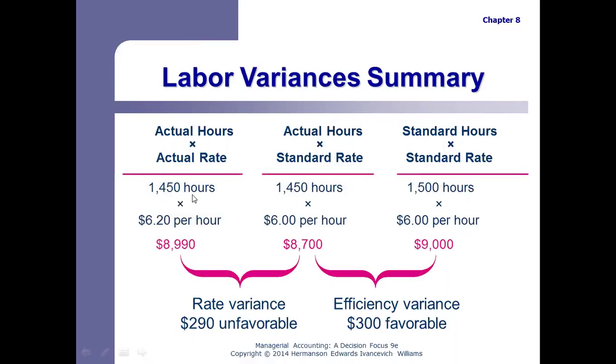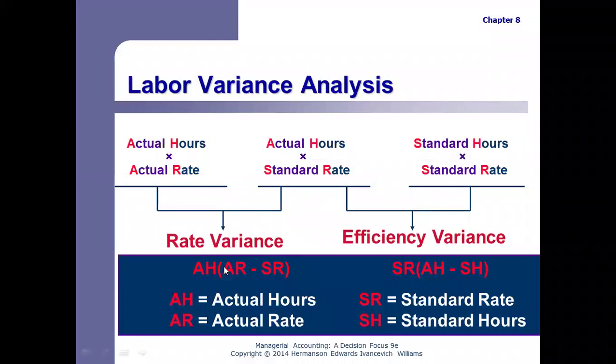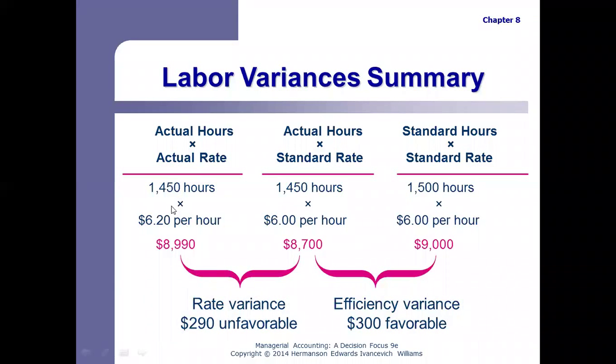Again, taking the difference between the leftmost column and the rightmost column, 8,990. If you want to be consistent, by the way, with the formula method, then go ahead and take the leftmost column minus the rightmost column. So for the rate variance, it'd be the actual minus the actual hours at standard rate, and you get a positive 290.